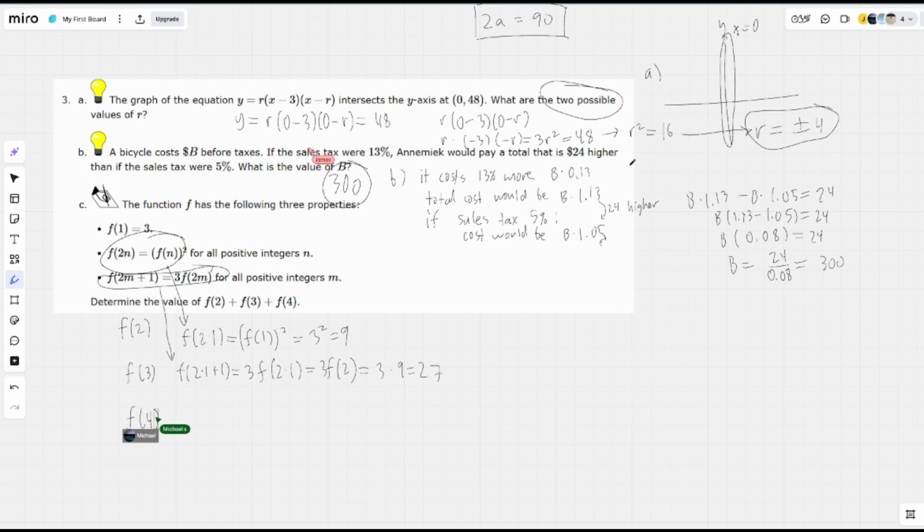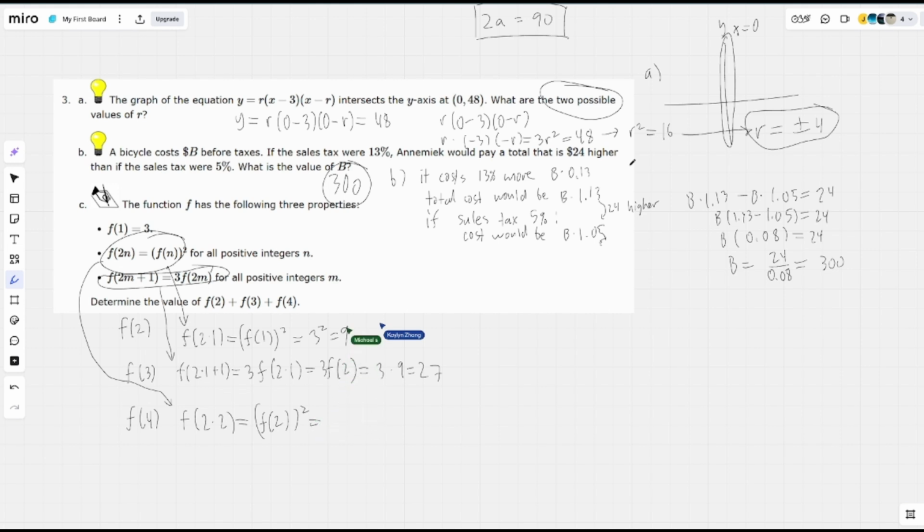And then we can find f of 4. We can use this equation again. We want an equation for f of 4, so we let f of 2n equal f of 4. That's when n equals 2, right? So f of 2 times 2 is equal to f of 2 squared.